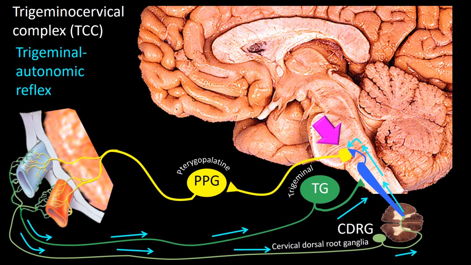From the superior salivary nucleus, parasympathetic motor signal travels to the pterygopalatine ganglion, and from the pterygopalatine ganglion, motor command travels to the meningeal arteries and probably to the meningeal veins. The action of this reflex produces arterial vasodilatation and probably inflammatory changes in the meninges.